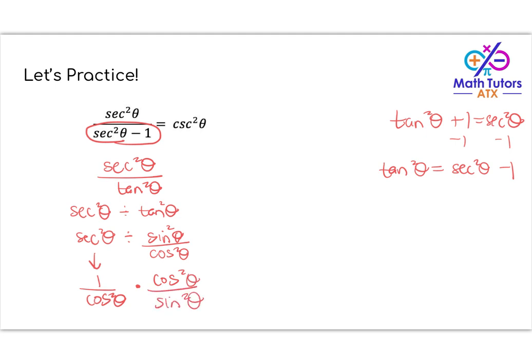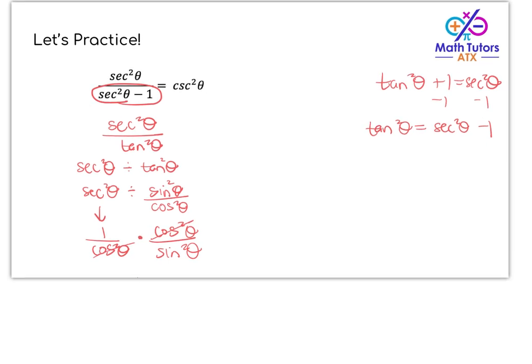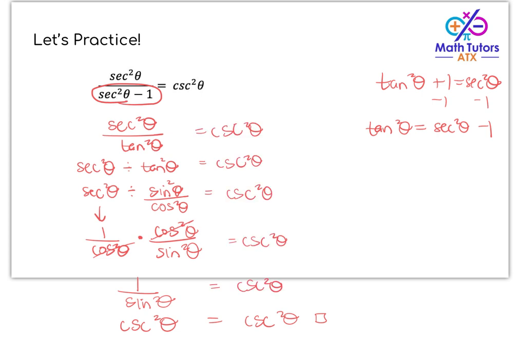And oh, well, what do you know here? We can go through and cross off our cosine squared. So we're just left with 1 over sine squared theta, which we know is cosecant squared. Ta-da! Yay! And there, that looks better. Done.